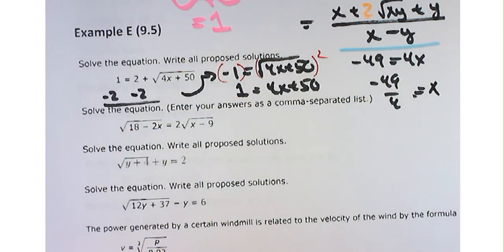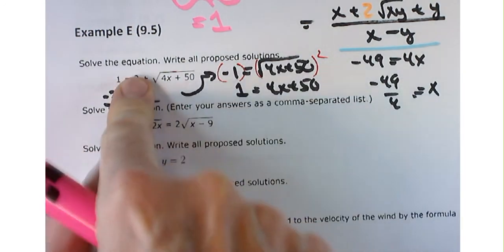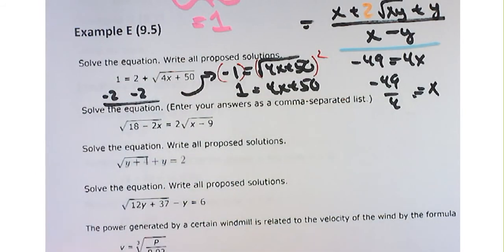So great, all done, right? No. There's 2 more points you could and should get. And I think you want those 2 points. So what are you going to do to get those 2 points? No, you got to check it back in the original equation. Oh, yeah. Hate when that happens.